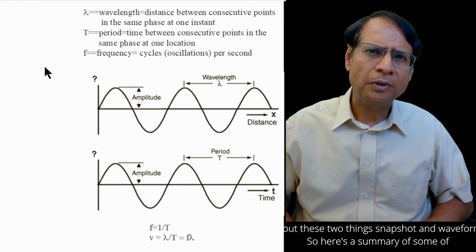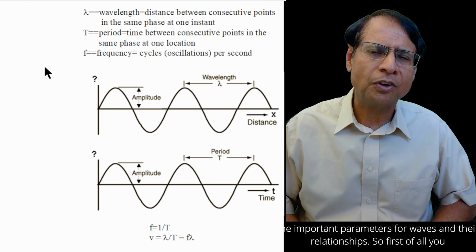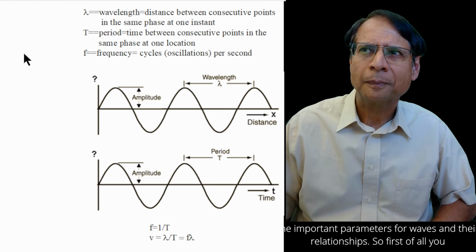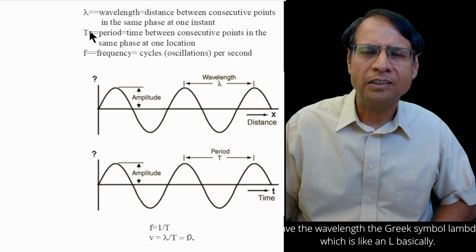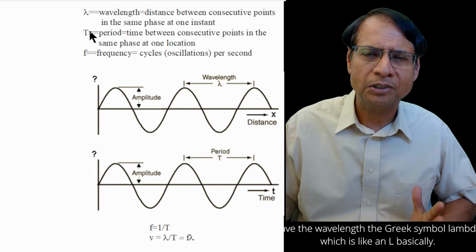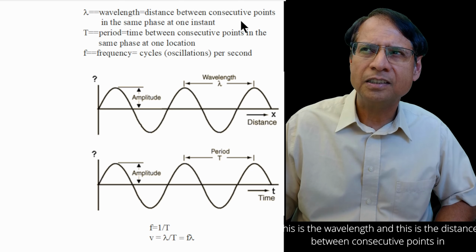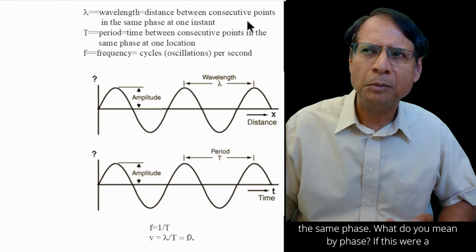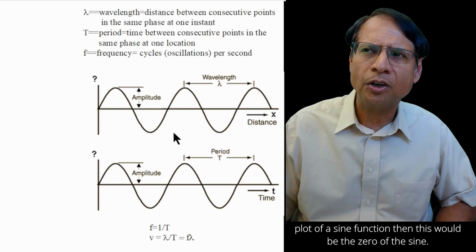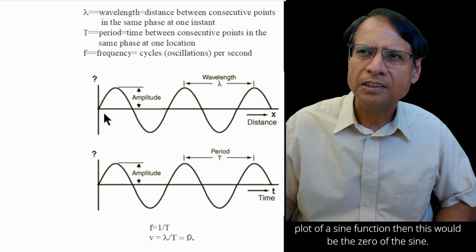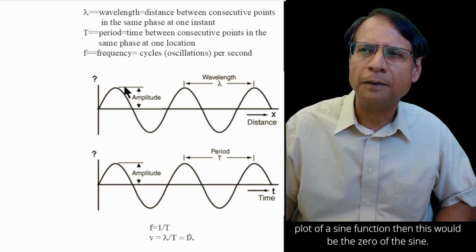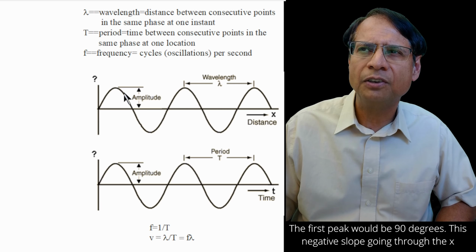So here's a summary of some of the important parameters for waves and their relationships. First of all, you have the wavelength, the Greek symbol lambda, which is like an L basically. This is the wavelength, and this is the distance between consecutive points in the same phase. What do you mean by phase? If this were a plot of a sine function, then this would be the zero of the sine. The first peak would be 90 degrees.